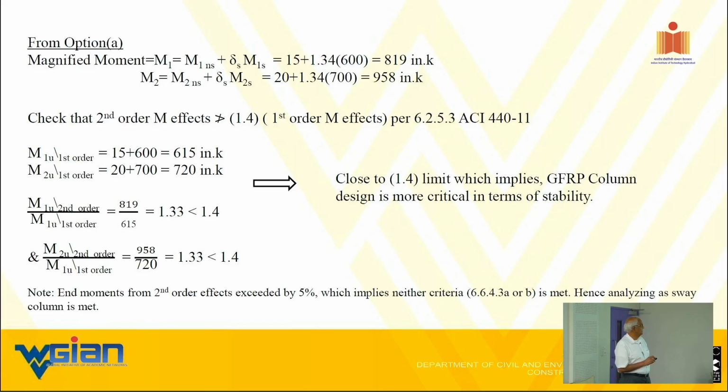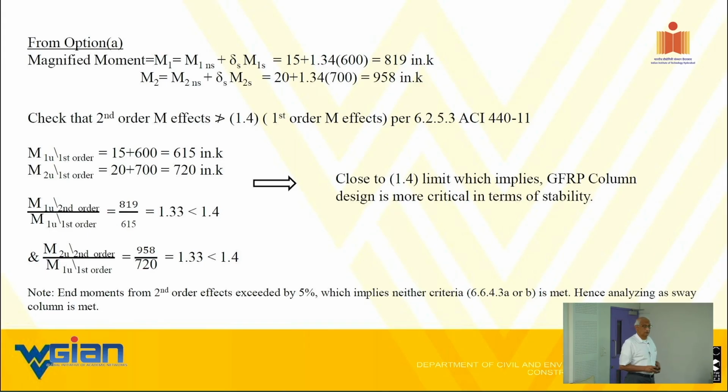So as you can see, the moment capacities are close to 1.4. End moments from the second order effect exceeded by 5%, which implies neither criteria is met, hence analyzing as a sway column.